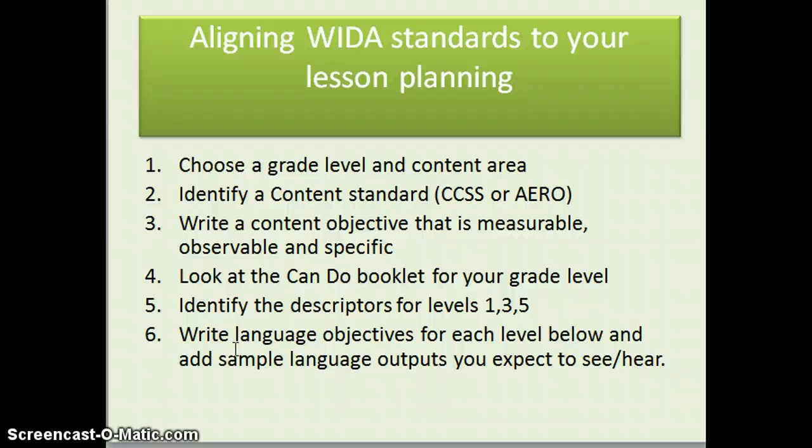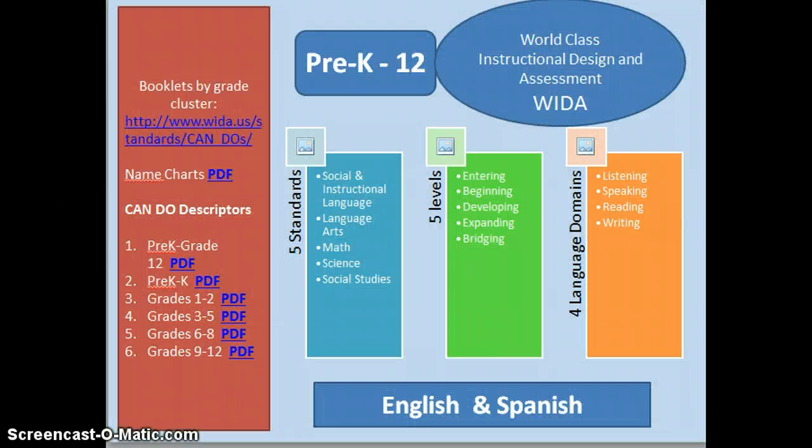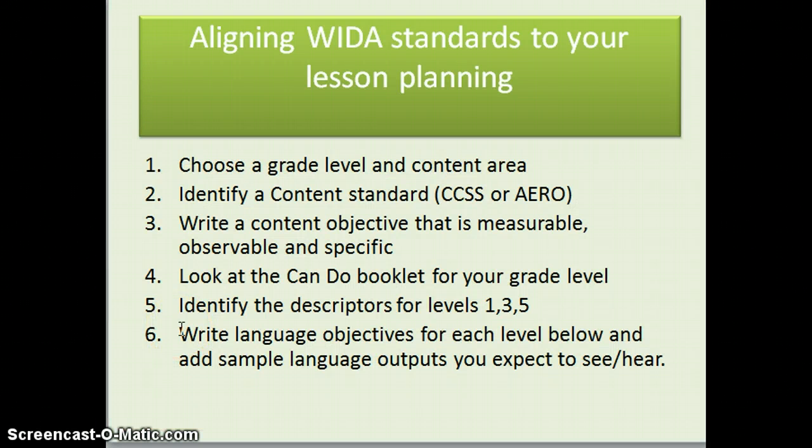These are my suggestions. Think about a grade level you teach, a content area. Identify your content standard, be it through the Common Core or Arrow. Write your content objective. Then look at, let's say, for example, the WIDA Can Do, one of those booklets right here, okay? And see how you can write a language objective.